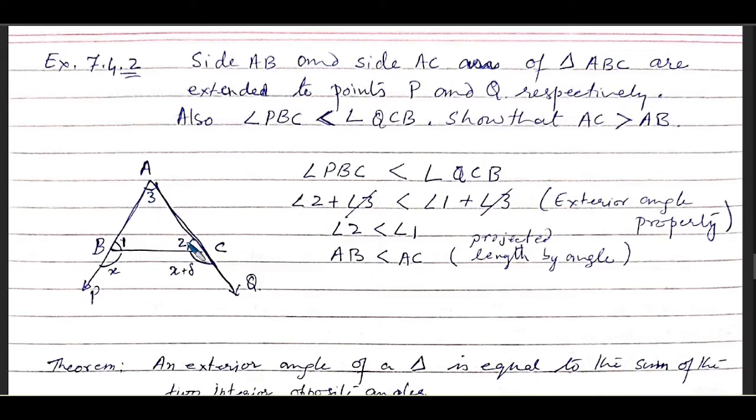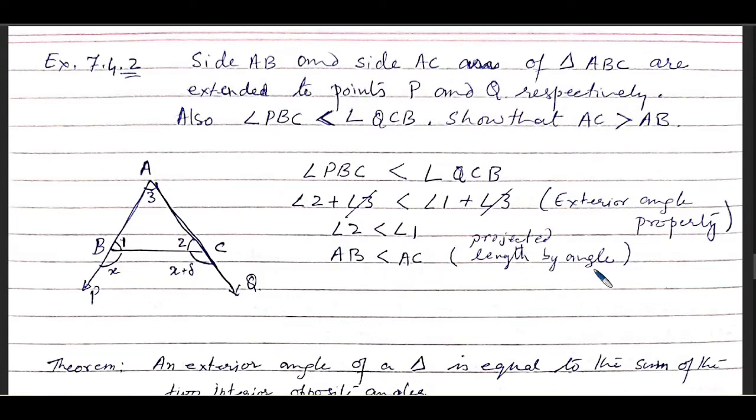So angle 2 plus angle 3 is less than angle QCB. Angle QCB is the sum of angle 1 plus angle 3. This angle 3 cancels, so angle 2 is less than angle 1. Exterior angle property I have used. Angle 2 is less than angle 1, so AB is less than AC.